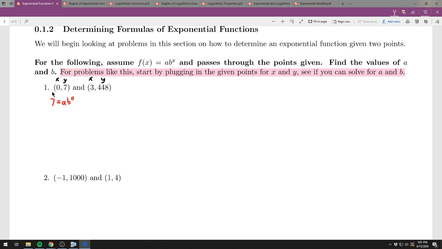I'm just going to plug in each one and then worry about simplifying and doing things with them after. With the other one, we want to plug in y is 448. y equals a times b to the x. x is 3. It's a little messy. Let me redo that 3.